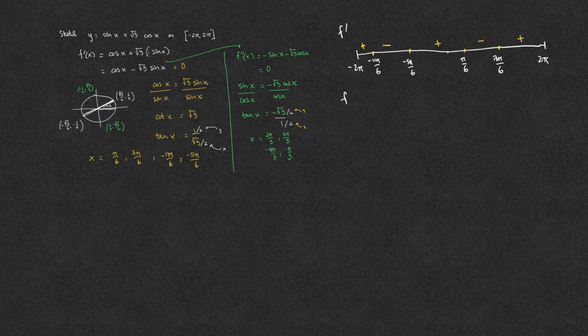We then construct the sign chart for the second derivative in the interval negative 2 pi to 2 pi. The cut points of the second derivative are negative 4 pi over 3, negative pi over 3, 2 pi over 3, and 5 pi over 3.